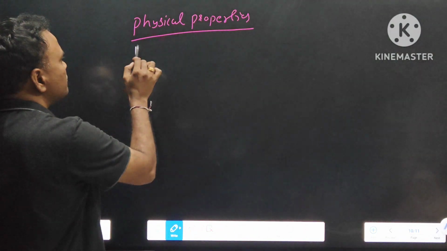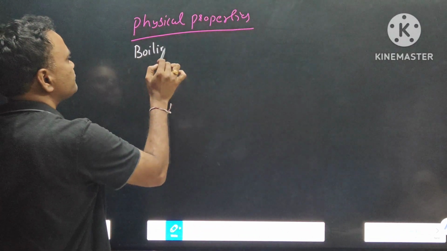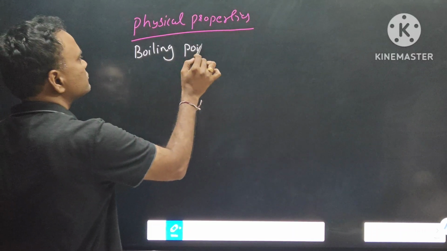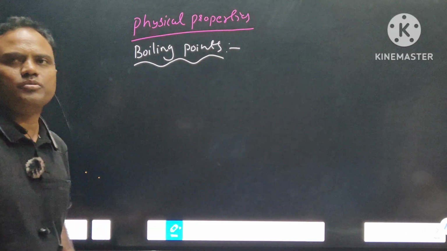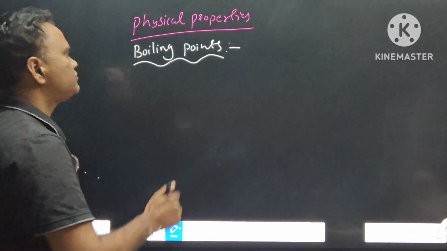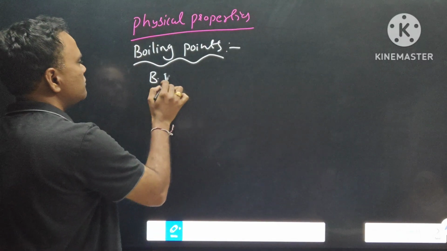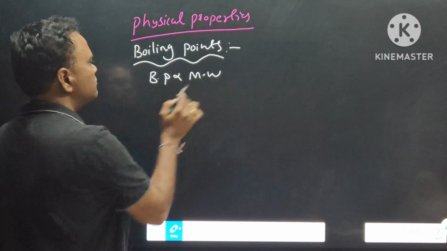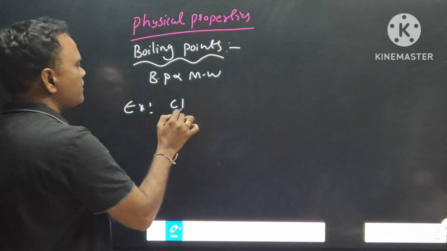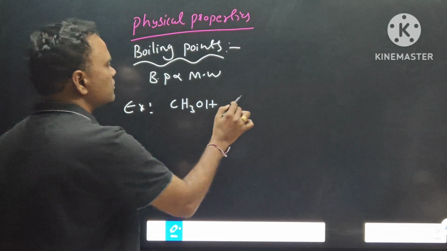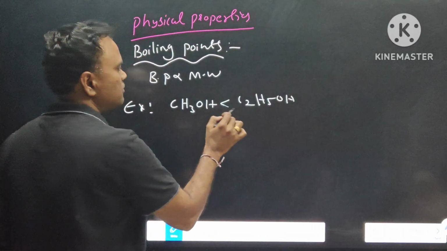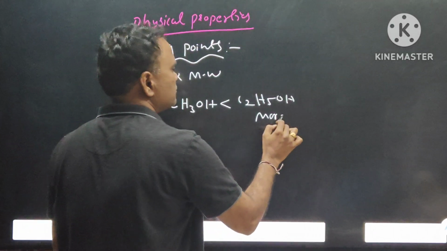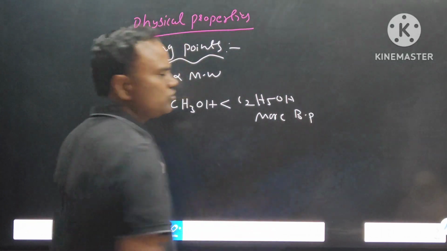First heading, boiling points. You know already, boiling point is directly proportional to molecular weight. Methanol, ethanol, which has the higher boiling point?